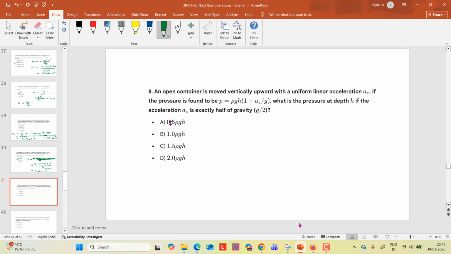Next, an open container is moved vertically upward with a uniform linear acceleration Az. If the pressure is found to be this, what is the pressure at depth h if the acceleration is exactly half of the gravity, g by 2?